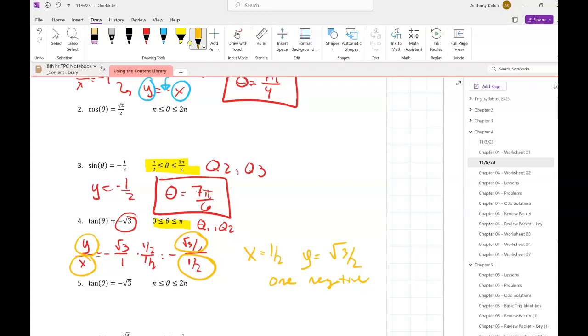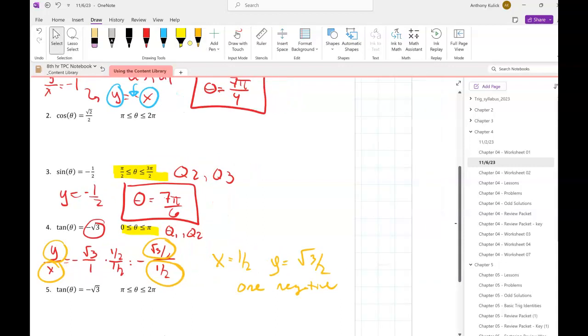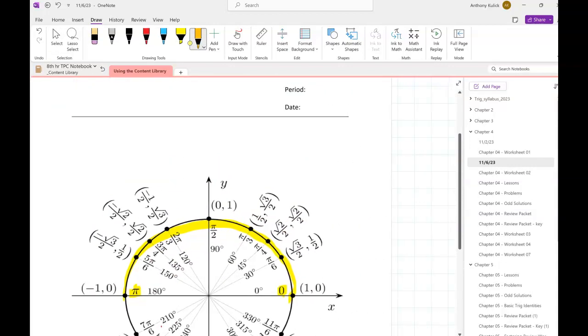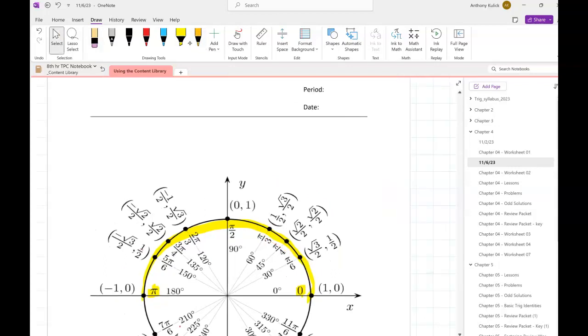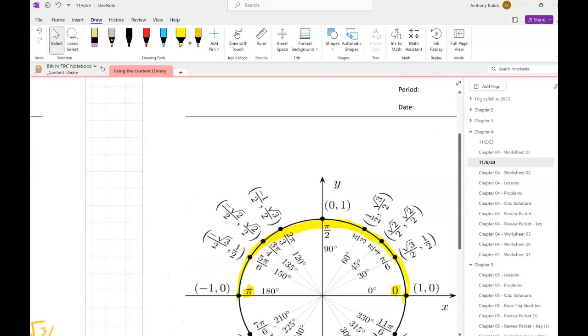So now I'm going to go to my unit circle, looking in quadrant 1. Well, in quadrant 1, all of the coordinates are positive, so that's not what I want. In quadrant 2, I see a place where x is negative 1/2 and y is positive square root of 3 over 2. That's what I want. So 2 pi over 3 is my answer.